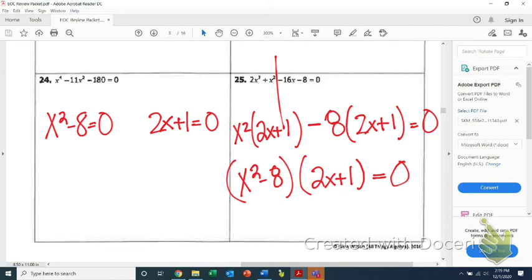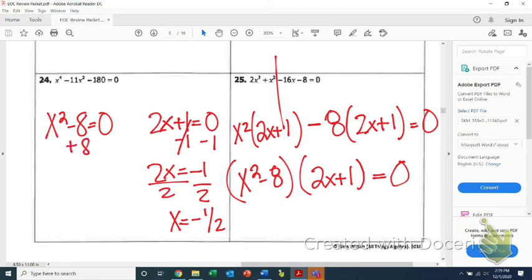The right one's very simple. X equals negative 1/2. The left side is also very simple. Plus or minus the square root of 8.